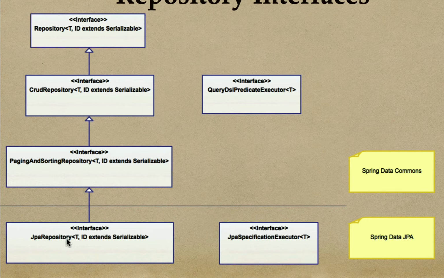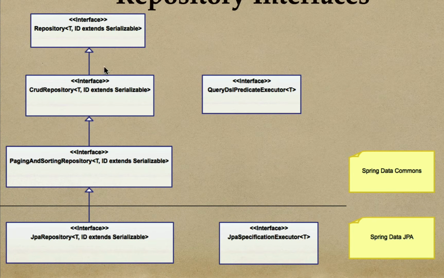And you can see here JpaRepository interface and JpaSpecificationExecutor interface. So these two interfaces belong to the Spring Data JPA module. And as we know, the Spring Data JPA module extends the Spring Data Commons module. So JpaRepository interface from the Spring Data JPA module extends PagingAndSortingRepository interface of the Spring Data Commons module.